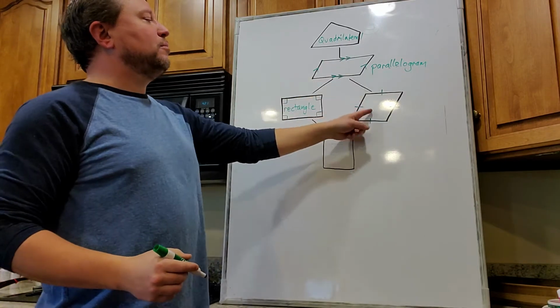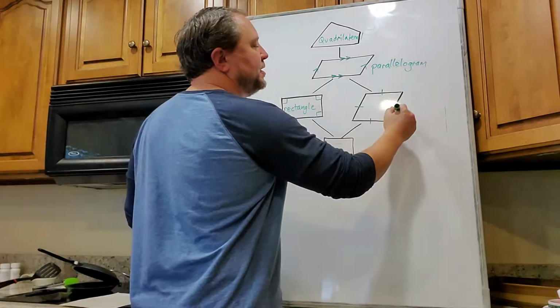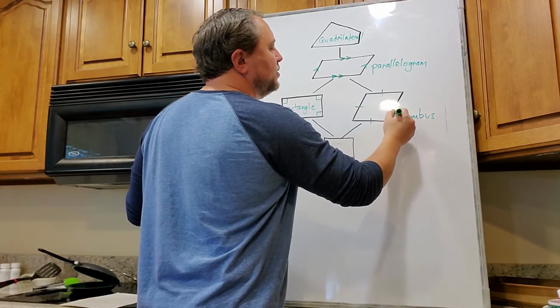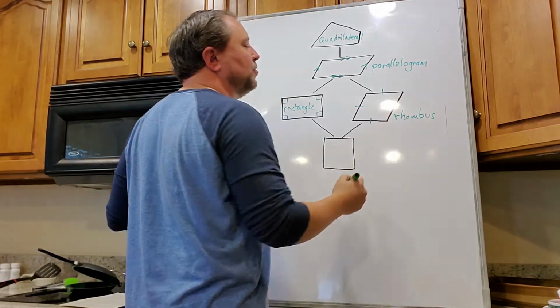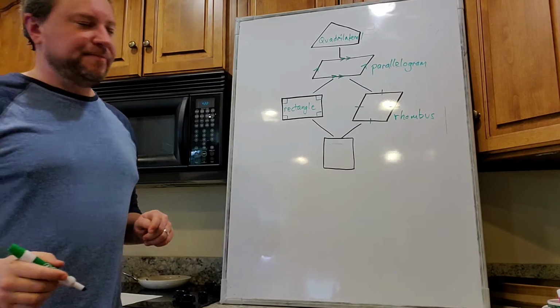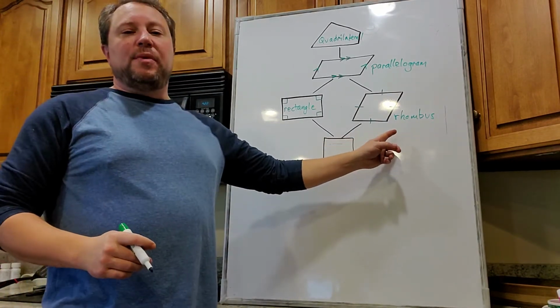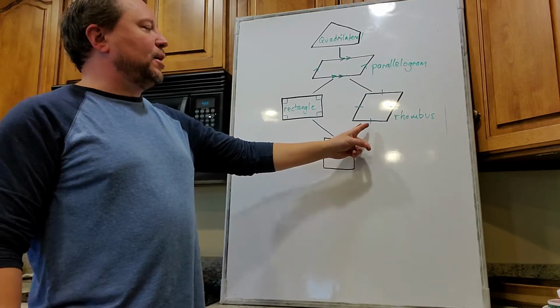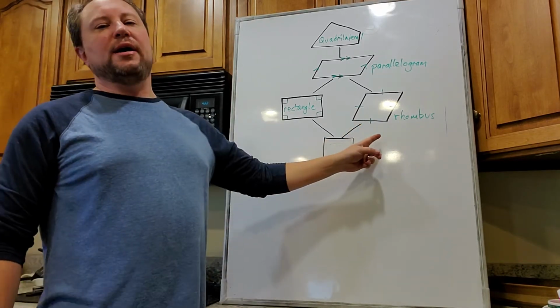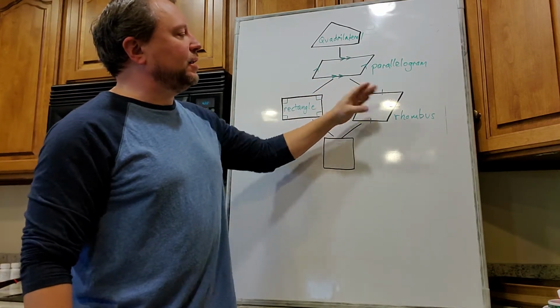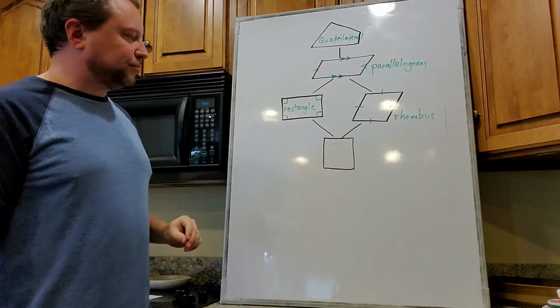So a parallelogram with all four equal sides is referred to as a rhombus. You may have heard that term used before in your math classes. Somebody in my previous math classes even said a rhombus looks like an abused square, like it's been shoved over. So it's kind of a square at a slant, you might say.